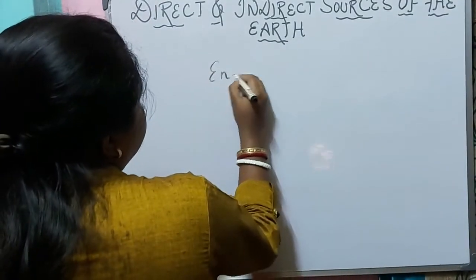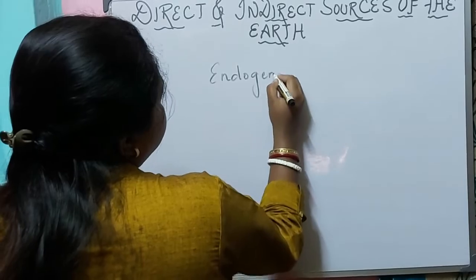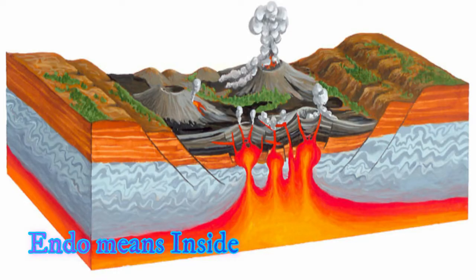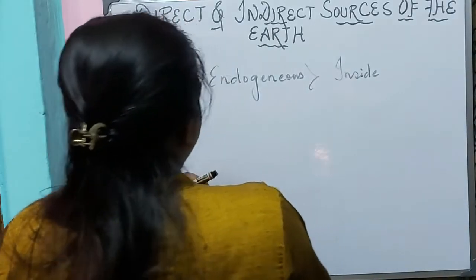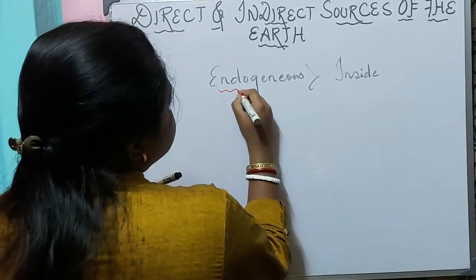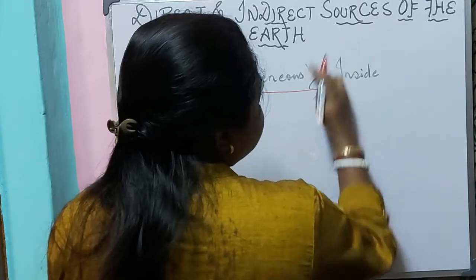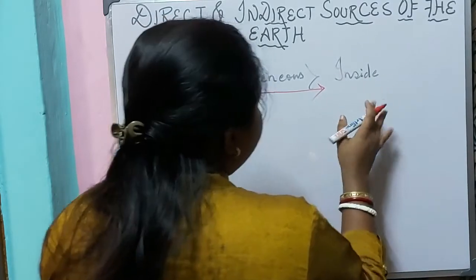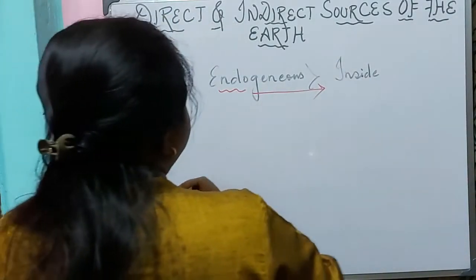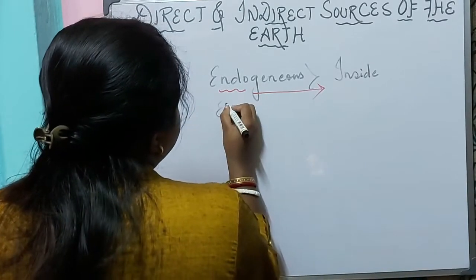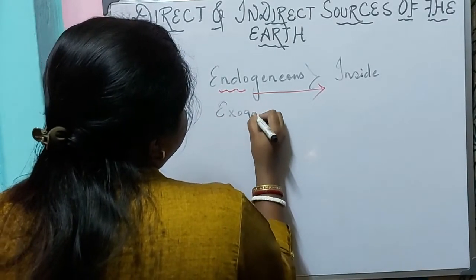Now endogenous process means inside. So endo means inside, the processes which act on the interior of the earth. And what do you mean by exogenous?